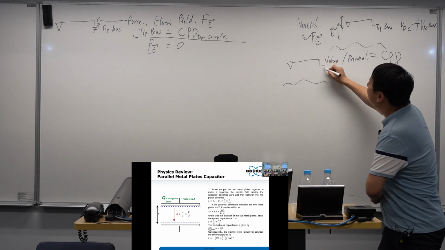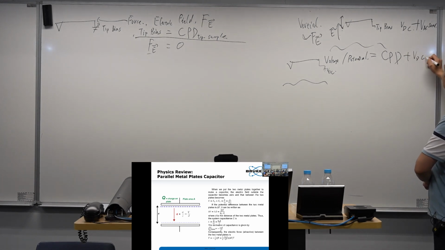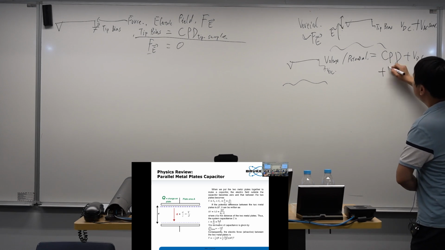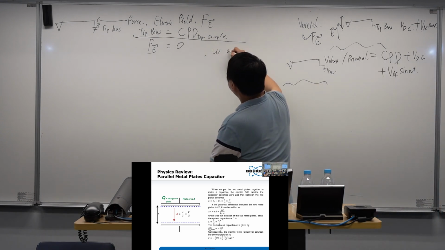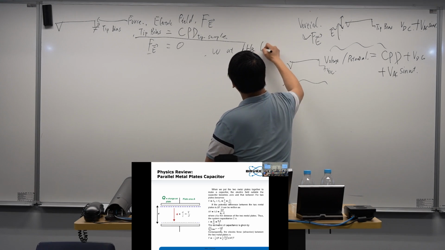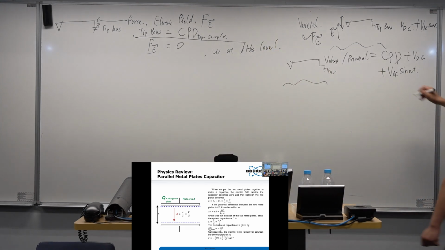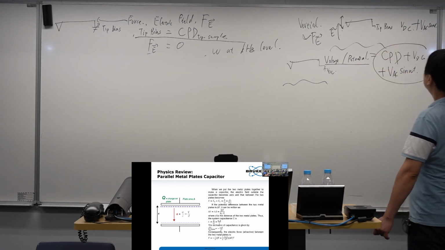I apply a VDC on the tip. And ideally, this one should be equal to this one, so this one will be canceled. That's our ideal, right? And then I apply VAC sine omega t, and I make this omega at kilohertz level. Okay, so the potential or the voltage on the tip is something like that.